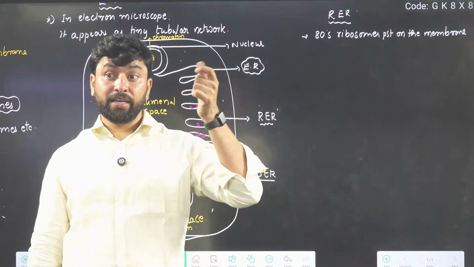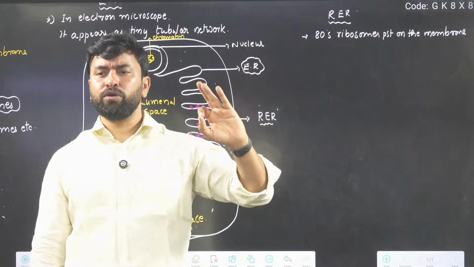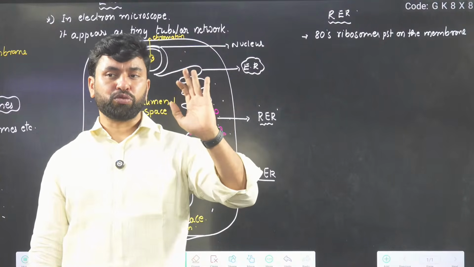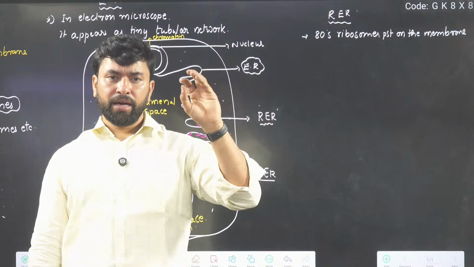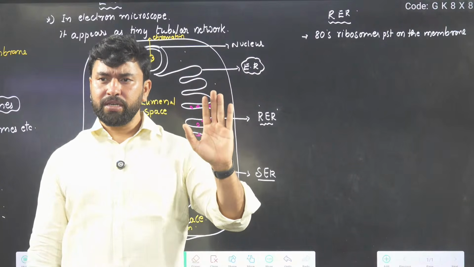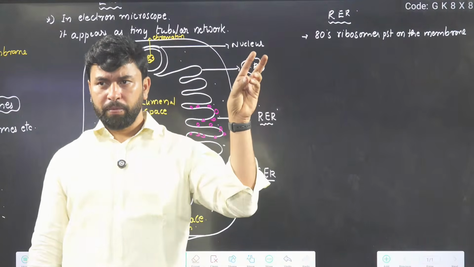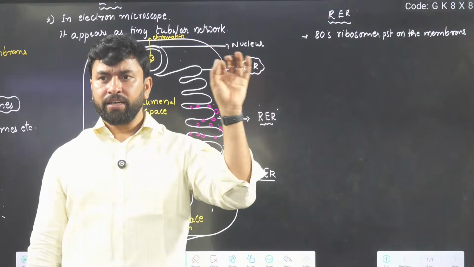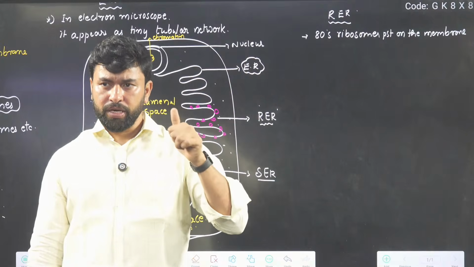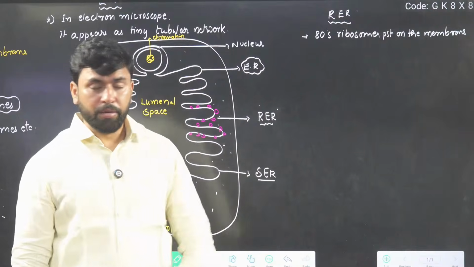Are they 70S or 80S? Always, if a ribosome gets attached to the endoplasmic reticulum, that ribosome definitely should be an 80S ribosome. Eukaryotes may have 70S ribosomes, but those 70S ribosomes are always present in the matrix of mitochondria and the stroma of chloroplast. Apart from these two places, you will never find 70S ribosomes in the free state or in the attached state in the cytoplasm. So RER will have 80S type of ribosomes.